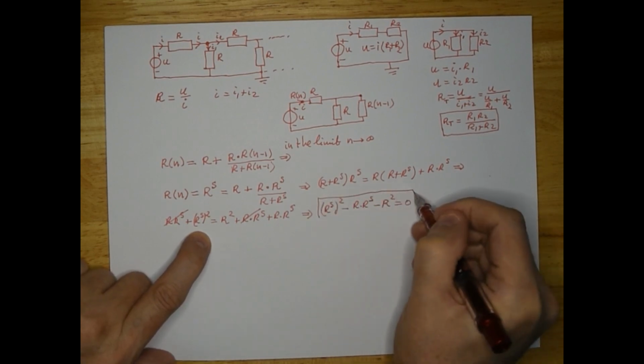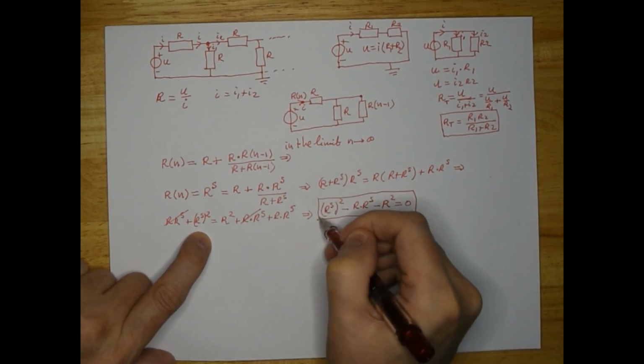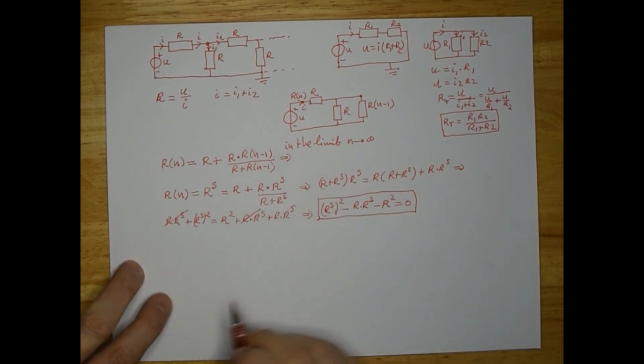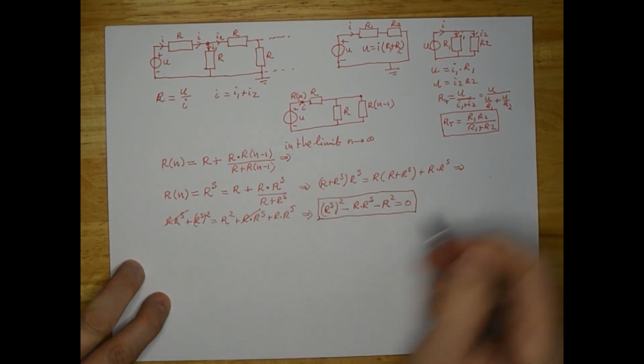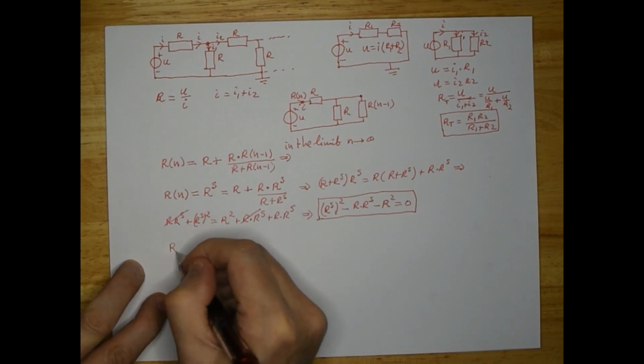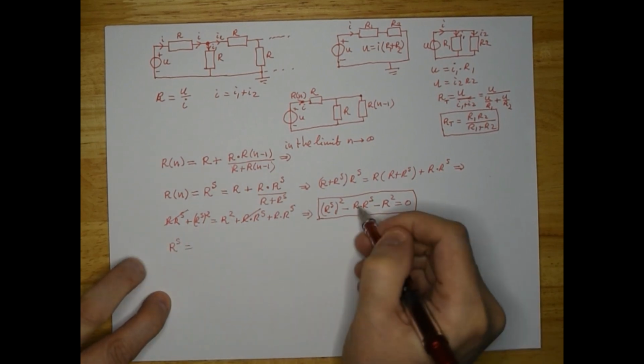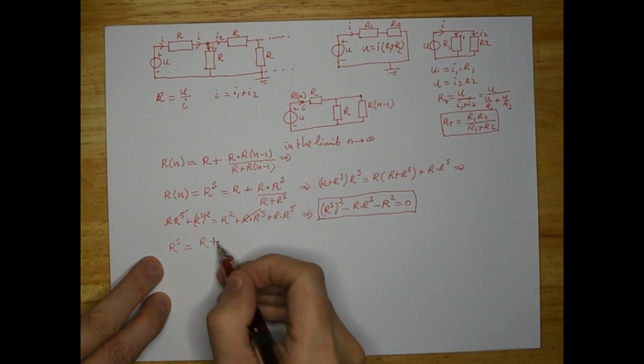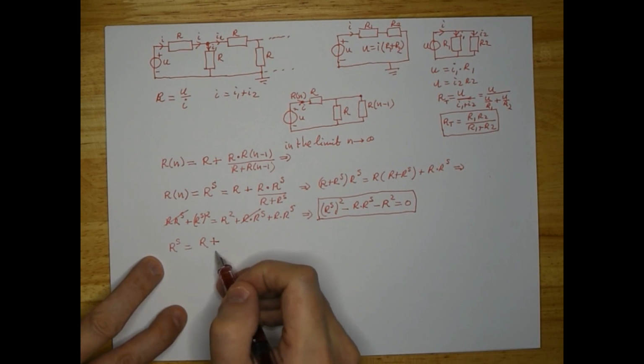So here we have a formula which we can actually solve. Now we can use the ABC formula to see what Rs will be. So we do the ABC formula and we will see Rs equals minus B, that's R, plus minus, but only the plus has real world value.